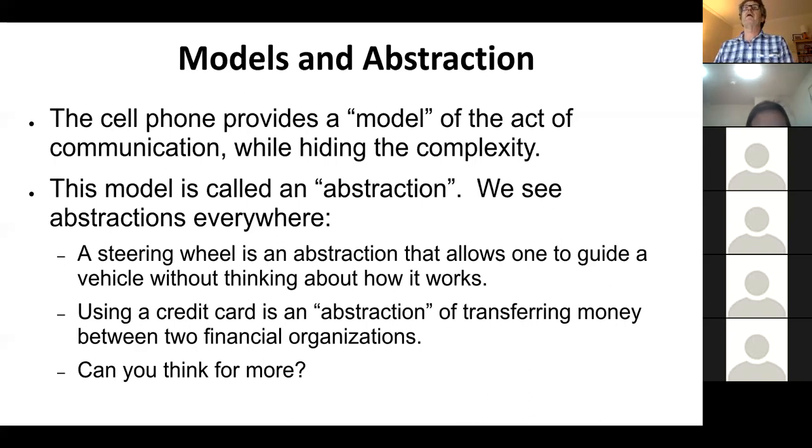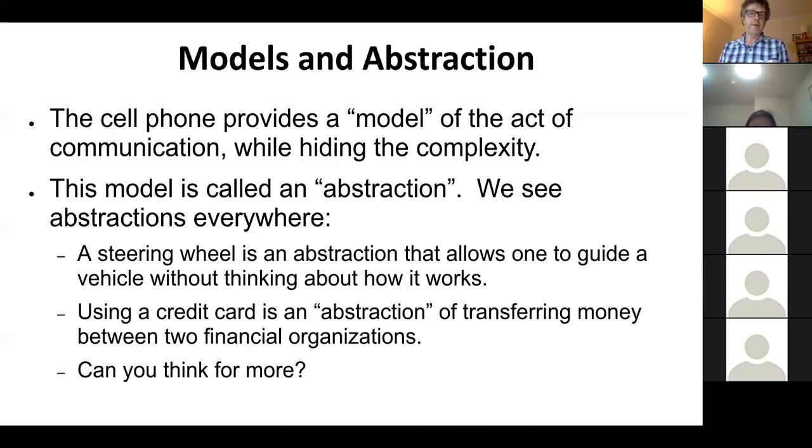Basically, a credit card allows us to go through the complex task of removing money from an account out there in the cloud and moving it to another account that a company has that we're going to buy some product or service from. But we don't have to think about all that. We just push the card in, hit approve, and bang, we're done, right?